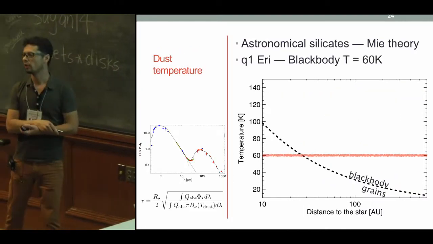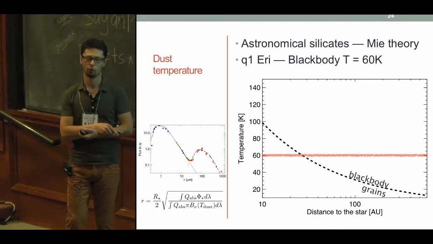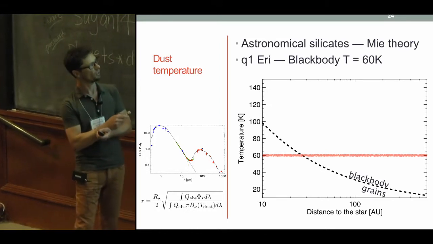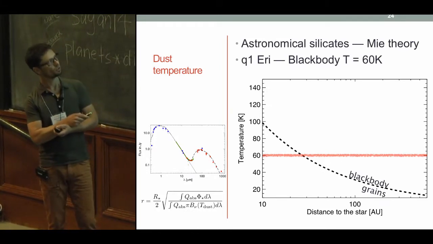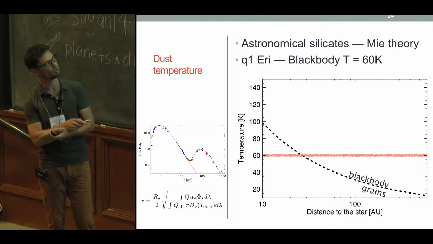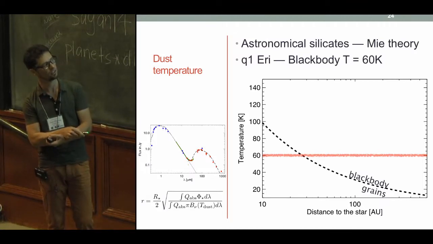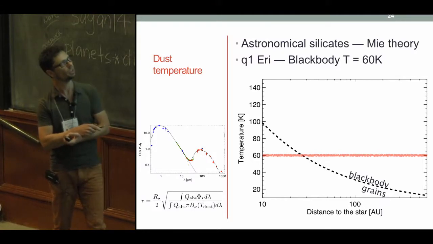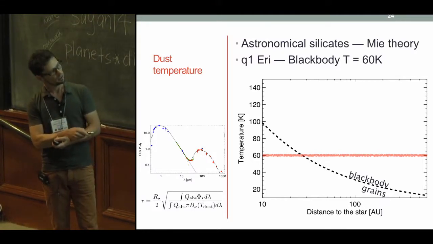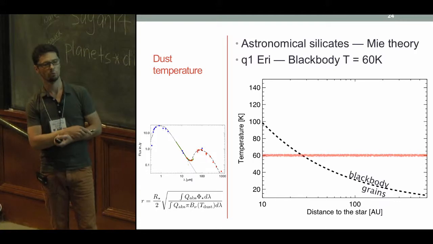So let's see how it affects the calculation of the temperature of your grain. So you have the SED here of this particular example. In this example, the Blackbody temperature is about 60 K, so it's reported on this graph. This is temperature as a function of the distance from the star in AU. 60 AU is here. This is a formula. This is the Blackbody grain temperature that is predicted by the previous formula.